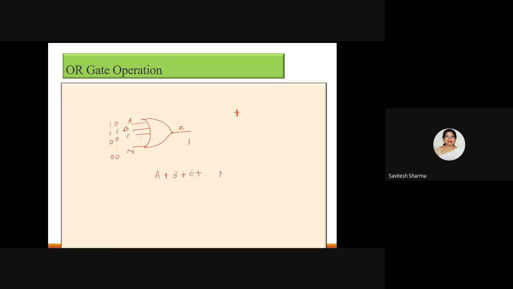This is the mathematical operator plus symbol for the OR gate. Whatever be the number of inputs you arrange, you will separate them by the plus sign, equal to Z. So this is the Boolean expression.